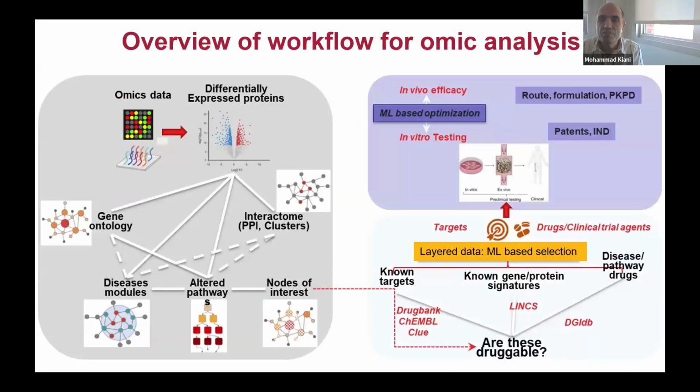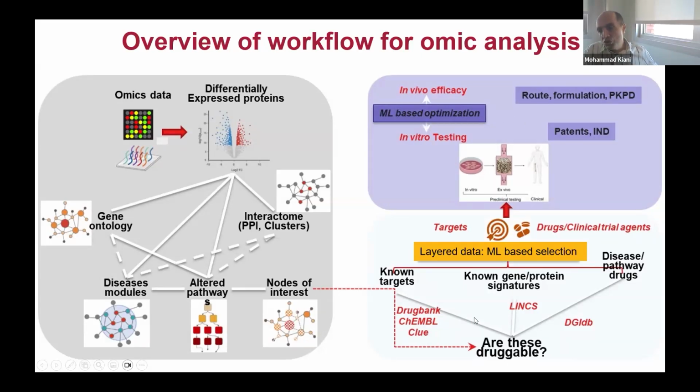So how do we do this? What we do is we look at our omics data, we look at the differentially expressed proteins, we look at gene ontology, and then we look at the PPIs and clusters and use standard techniques to develop pathway analysis for various systems. And then we look at these nodes of interest, then we combine this with our machine learning based optimization.